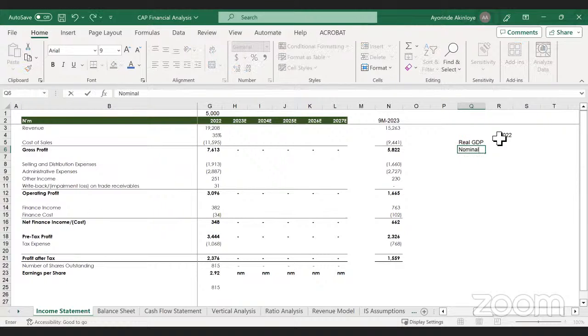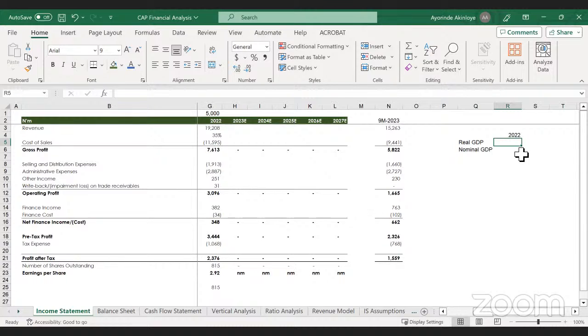I don't have enough time to build a full model here in this class. So when we go to the NBS GDP reports, you can just type National Bureau of Statistics in your Google Chrome, click on it, go to the library, and search for gross domestic product to bring out all the GDP reports.